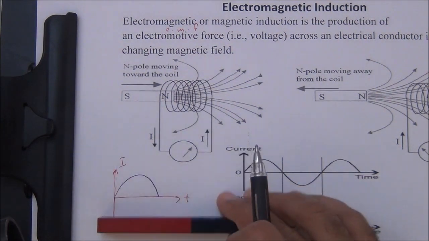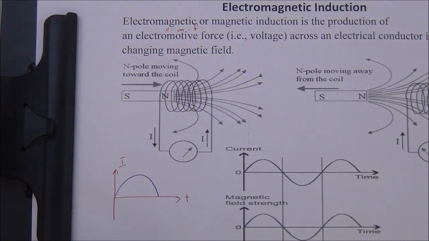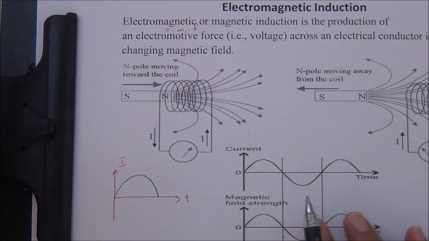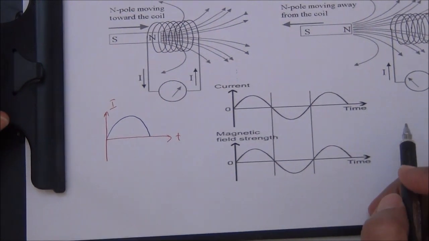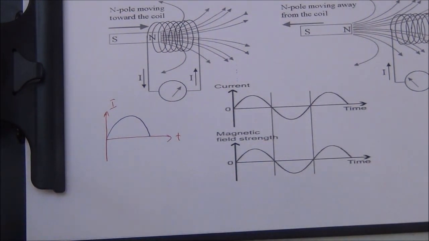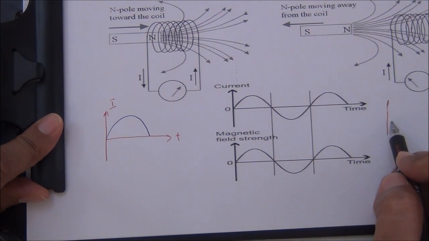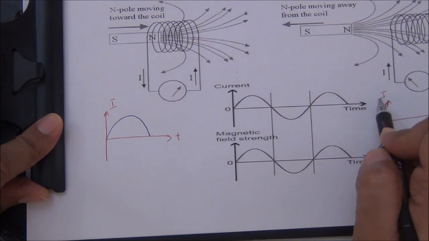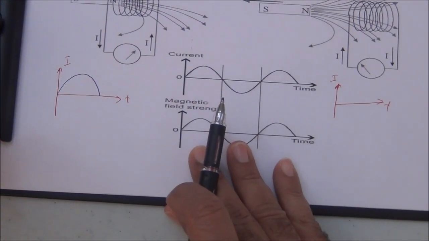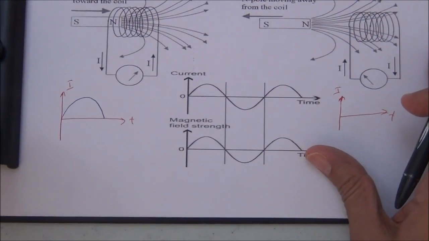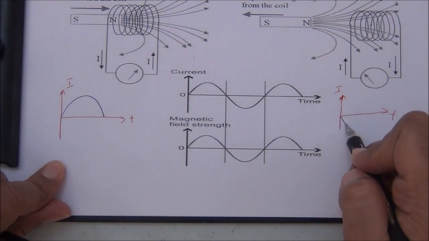When we pull the north pole away, the current will be reversed. So in the second case, when we represent the relation between the current and the time, the current moves in the opposite direction.